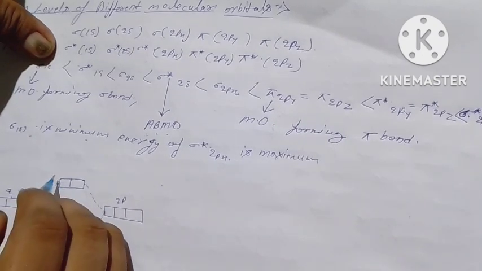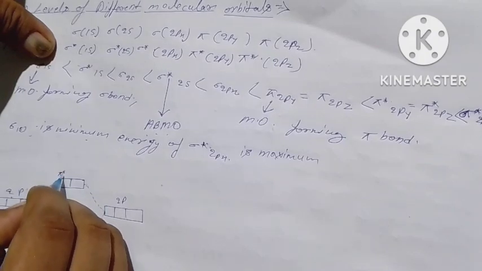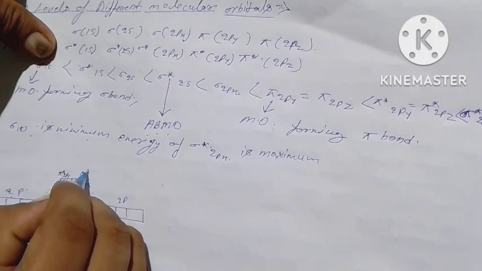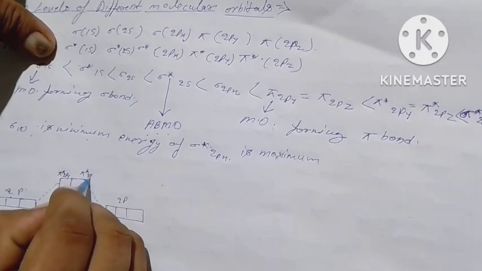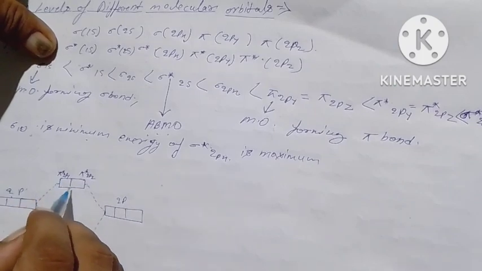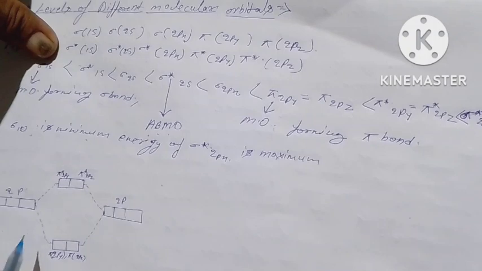And this is pi star 2py, and this is pi star 2pz. This is ABMO, antibonding molecular orbitals, because star shows the antibonding molecular orbitals.